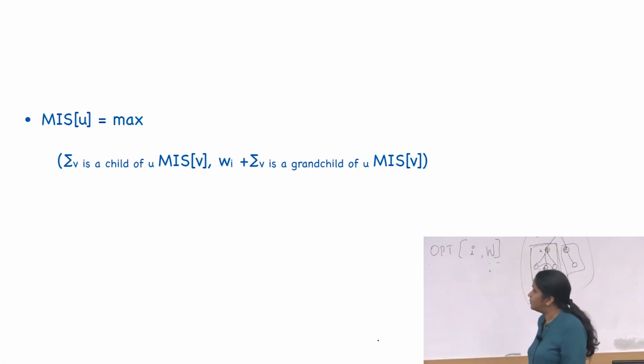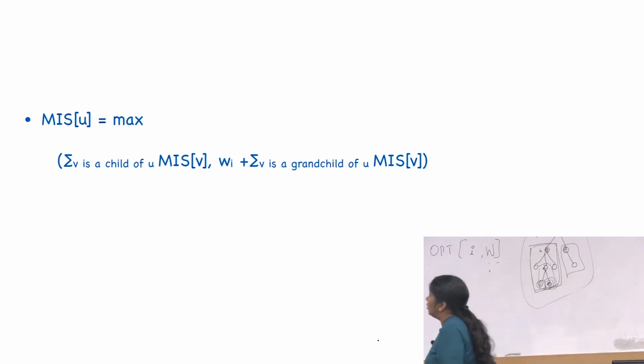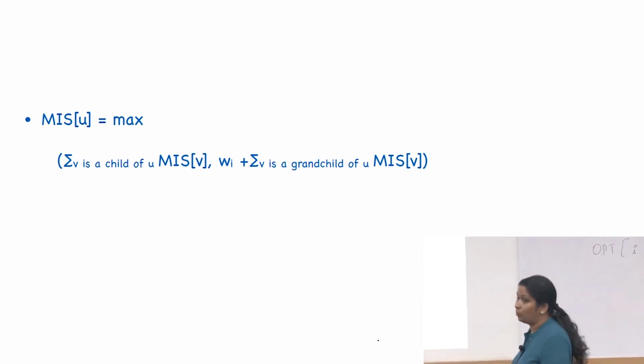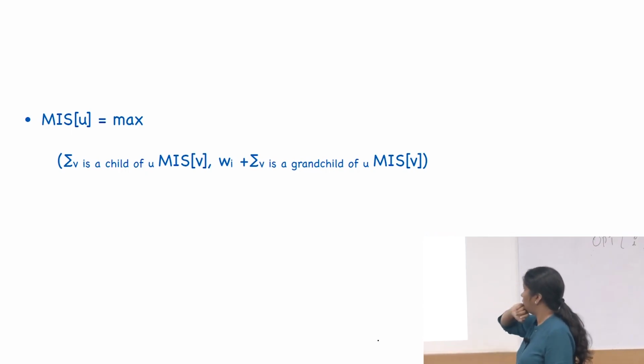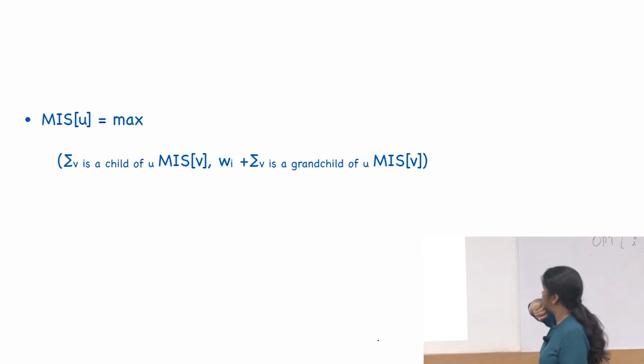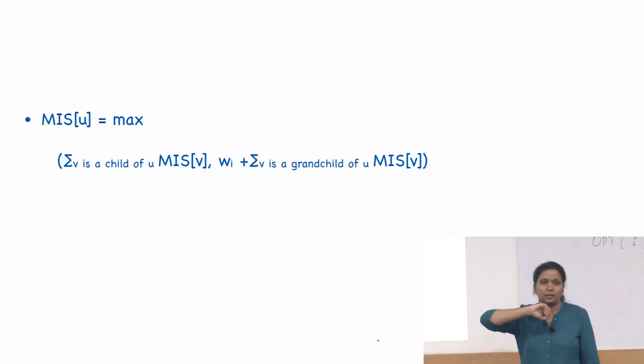So the maximum independent set for a given U is the summation of MIS of V, where V is the child node, or W_U, the weight of the root U in case it's weighted, otherwise it's just 1, plus the summation of MIS of V, where V is the grandchild.